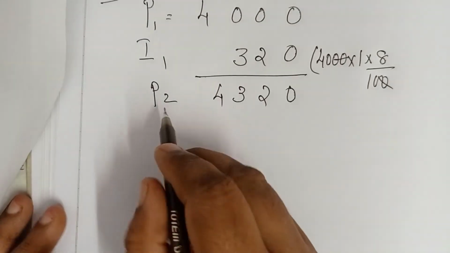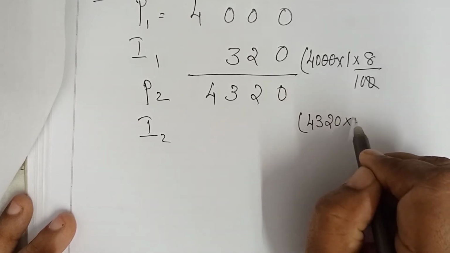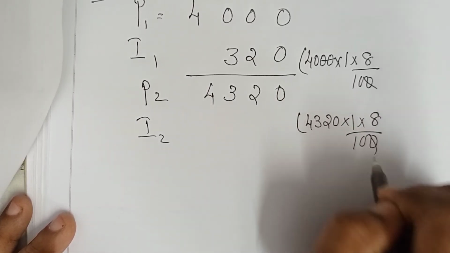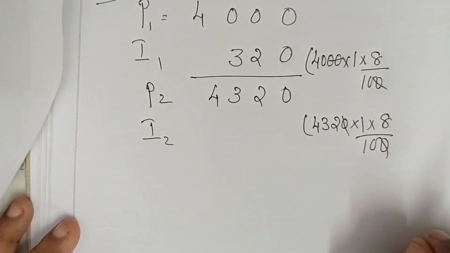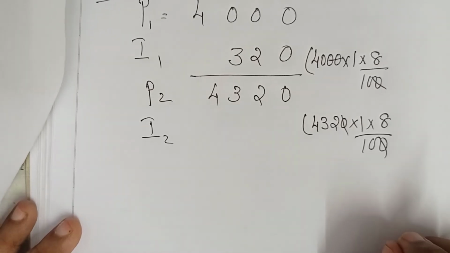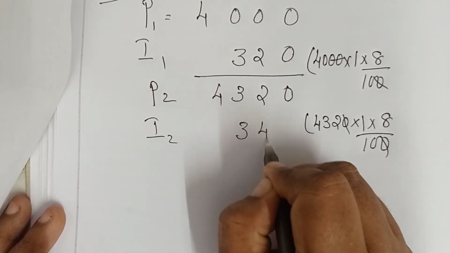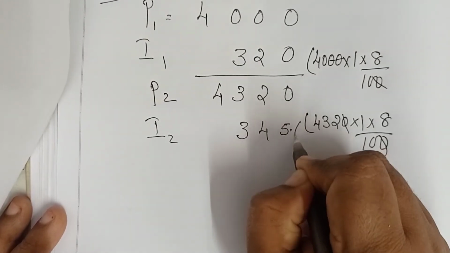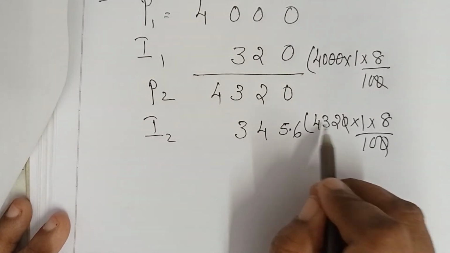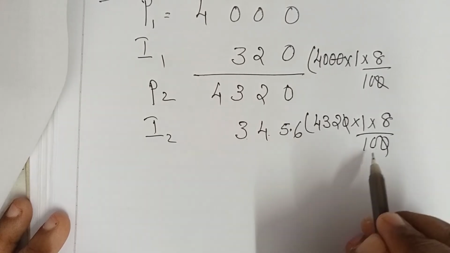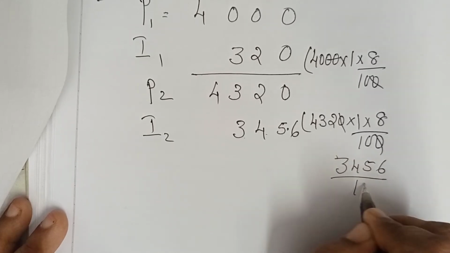Then I2. 4320 into 1 into 8 by 100. Only 1 0 0 cancel. What is 432 into 8? 345.60. 345.6 is the correct answer. Then here by 10, isn't it? When you multiply, you will get 3, 4, 5, 6. By changing by 10 means, all of you look at the board, 3, 4, 5, 6 by 10.